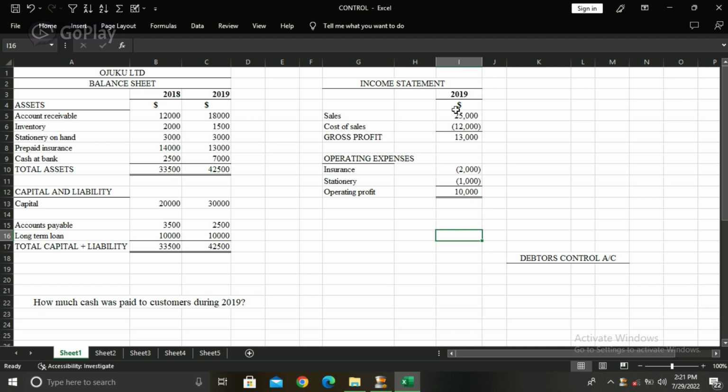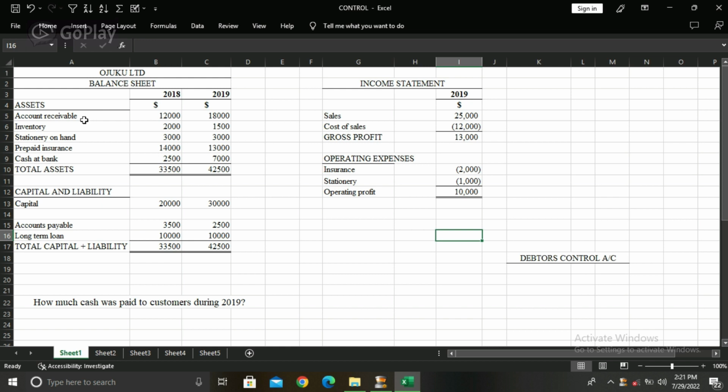They will ask you to derive the cash amount that has been paid for certain expenses. Today I'm going to take you through 4 or 5 different questions on control accounts. To start with, let me take you through the balance sheet.